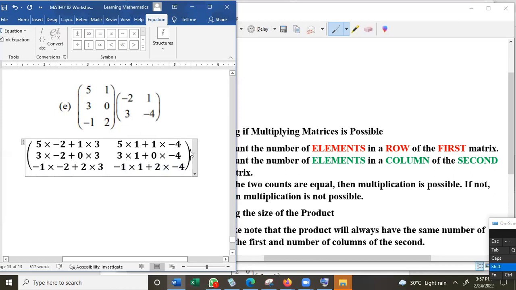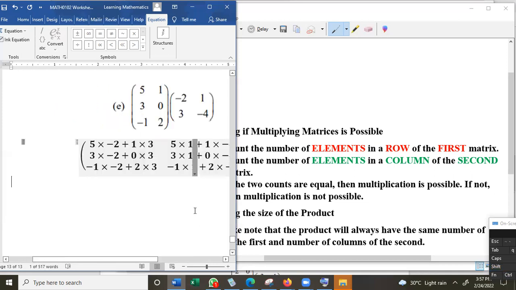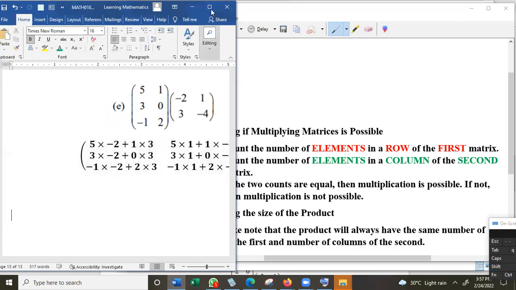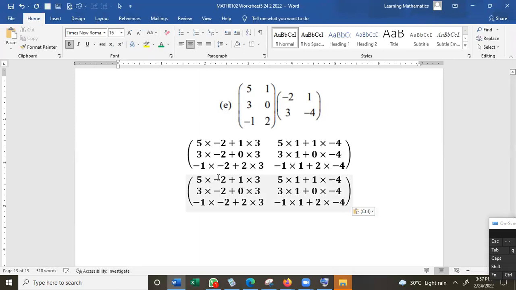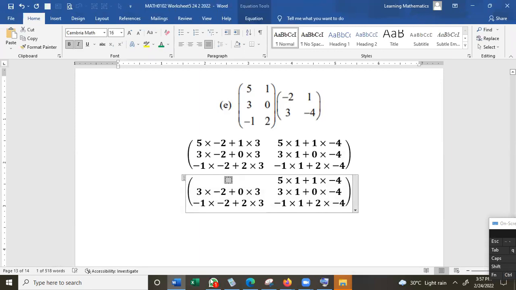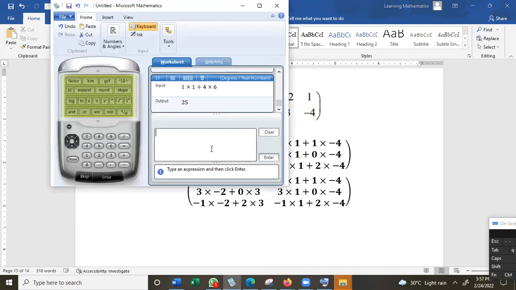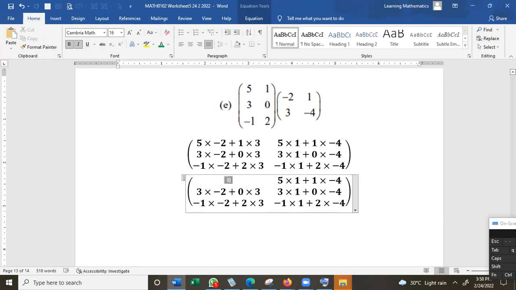Let me just copy this, put an equal sign there. And so I still get the gist of it. Just do this one time in your calculator. I just press Control X, Control V. That's negative 7.